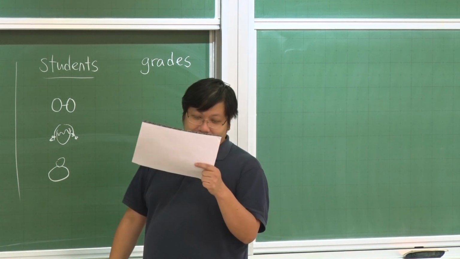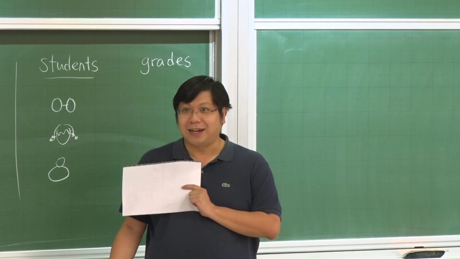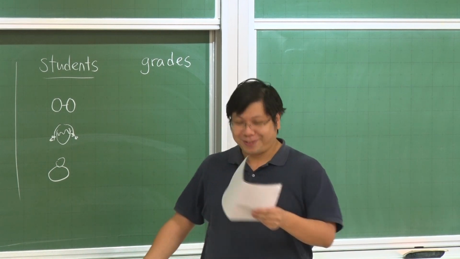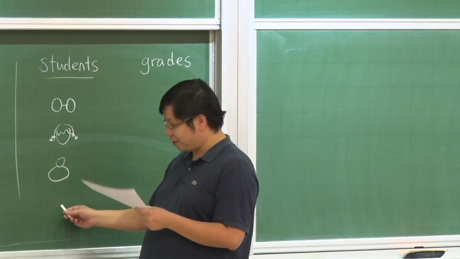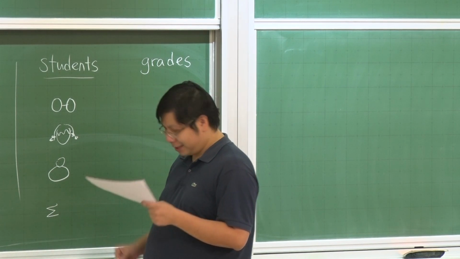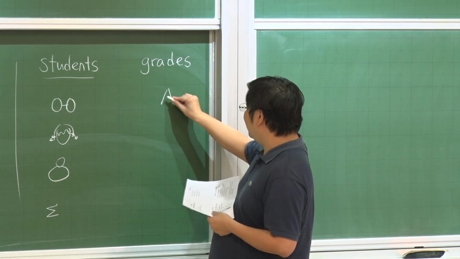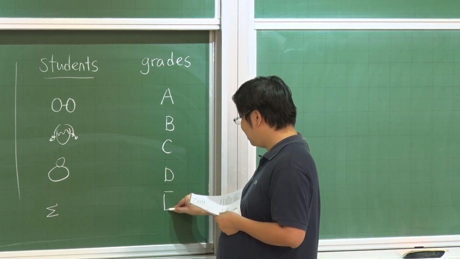And then the last one is the one who is richest. How do you call it in Chinese? Xiaofu. Okay, very good. In Japanese, it's called Suneo. So let's say the grades could be A, B, C, D, E.